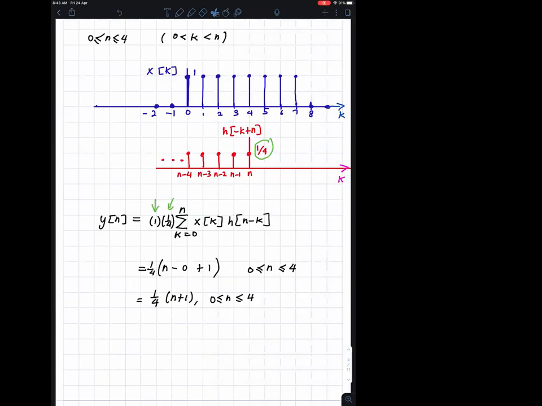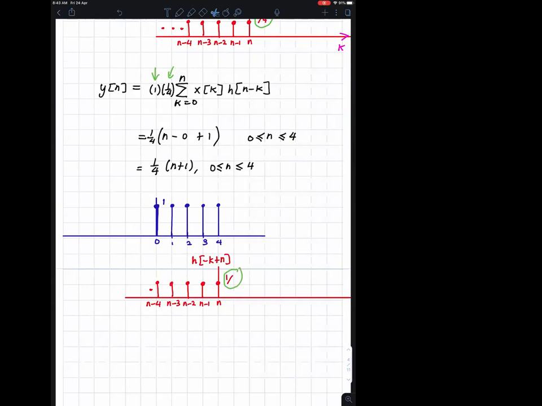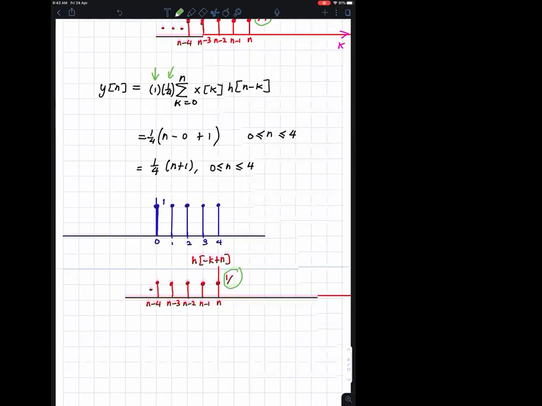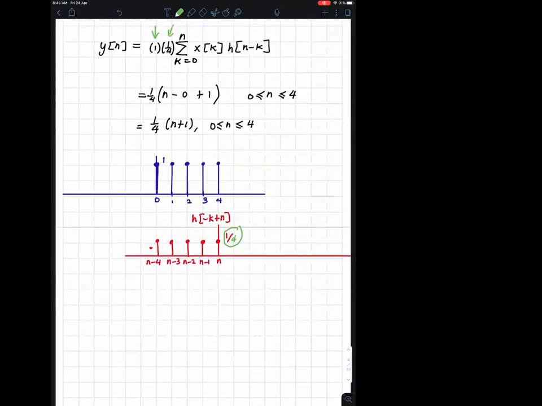Now you can see clearly, if I multiply these two signals, starting from here, you start one by one. What is the amplitude of the signal here? 1.